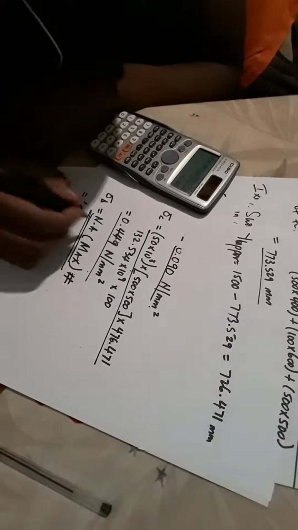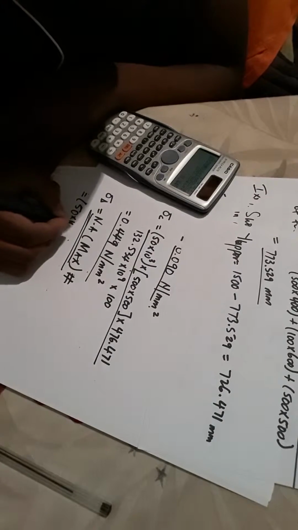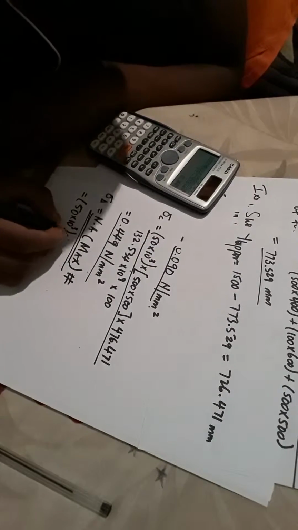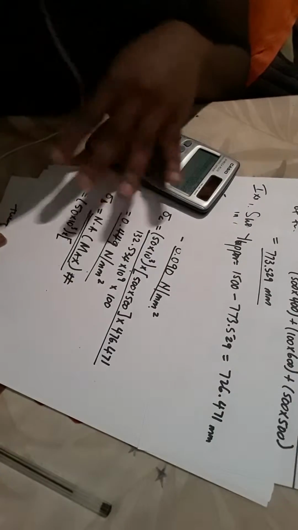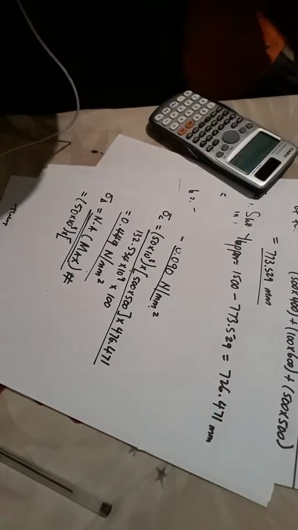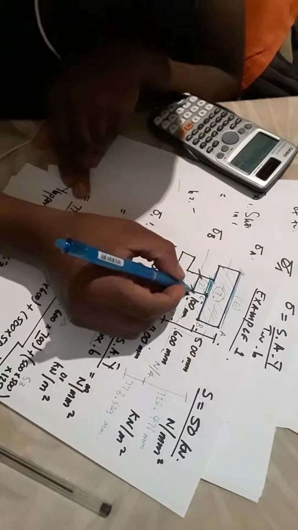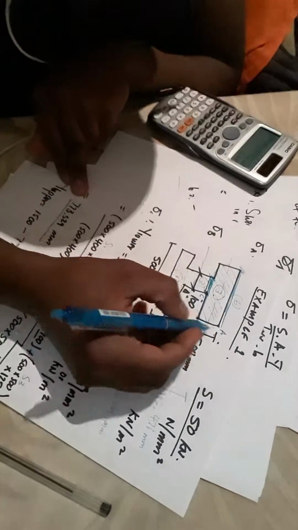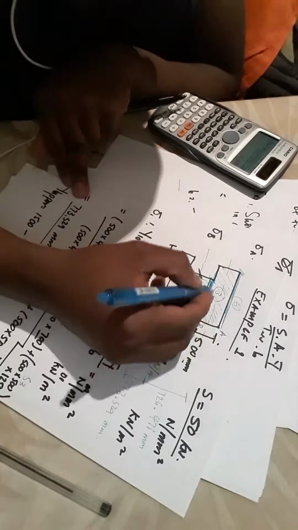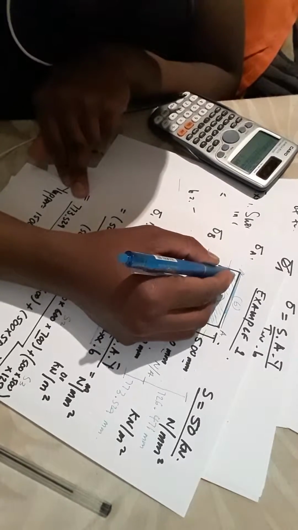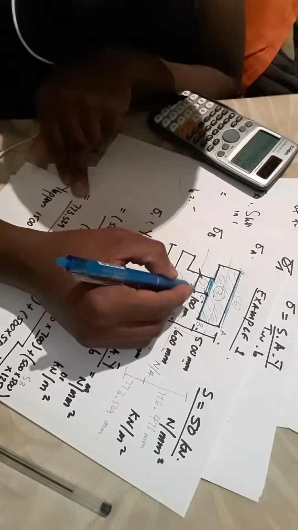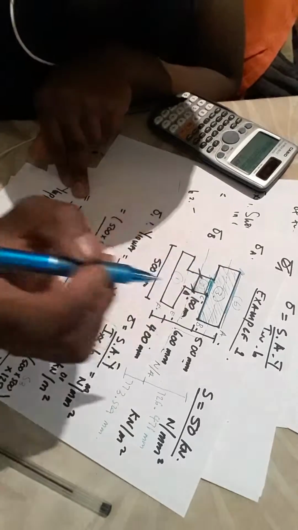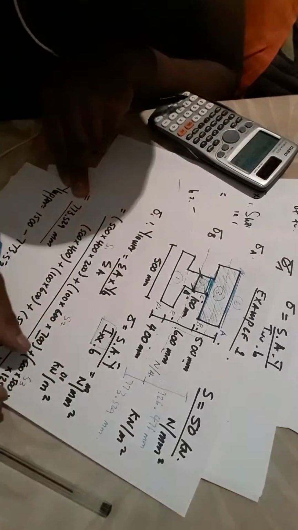So again, it would be 50 times 10 to the power 3 times the area above the point of contact, because you are still at the neutral axis. So when we're at D, we have this area above the point in question, and we also have this area above the point in question.